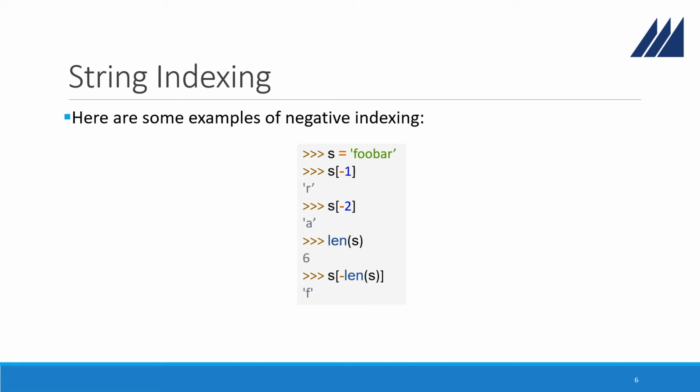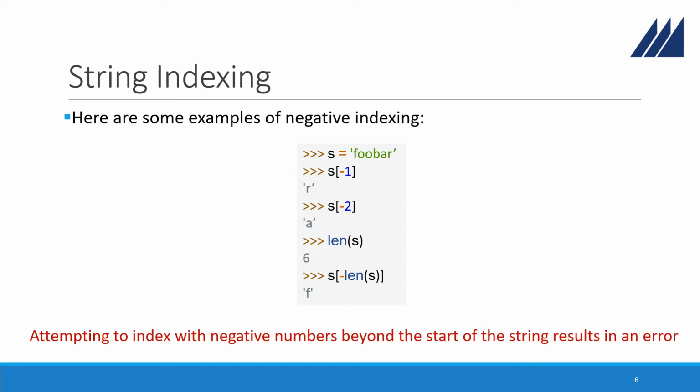So the same string I'm using over here, which is S equal to foobar. If I type between square brackets S[-1], it's going to give me the last character on my string. If I put the index -2, it's going to give me the second to last, and so on and so forth.